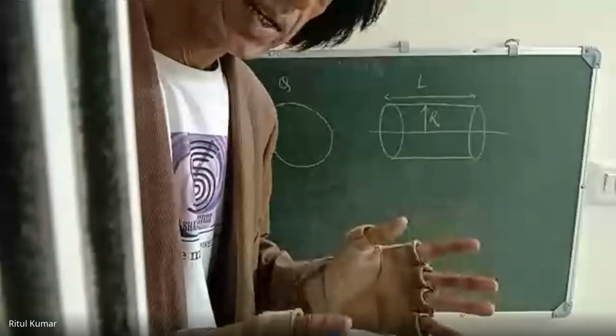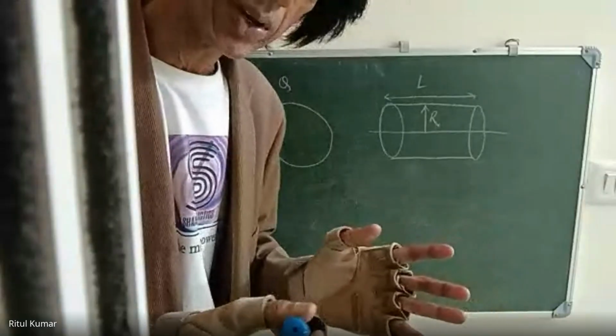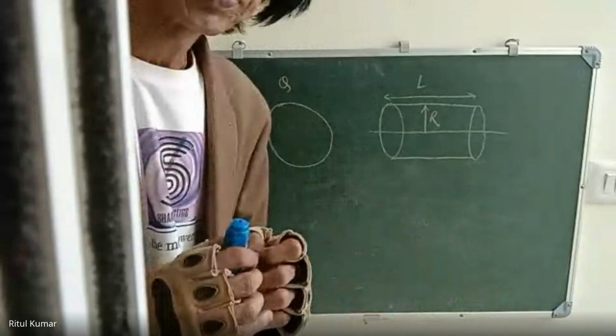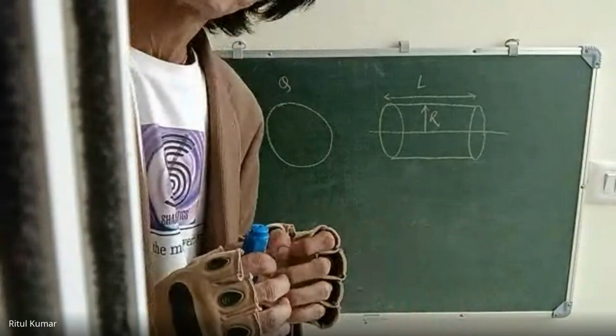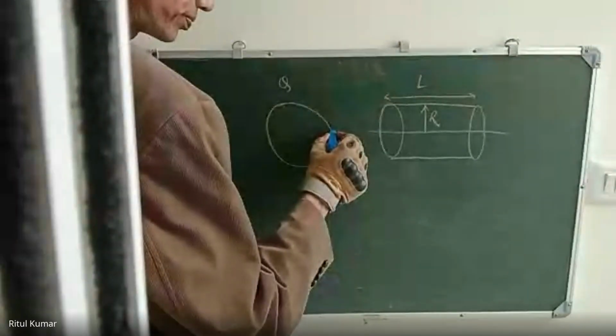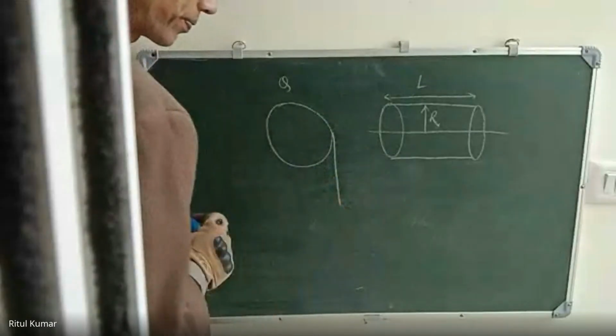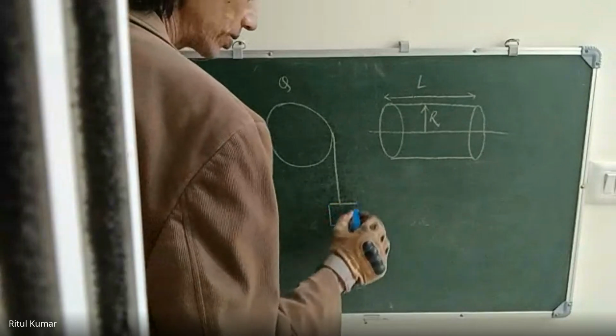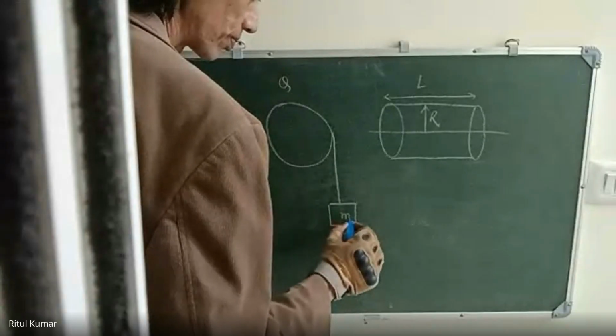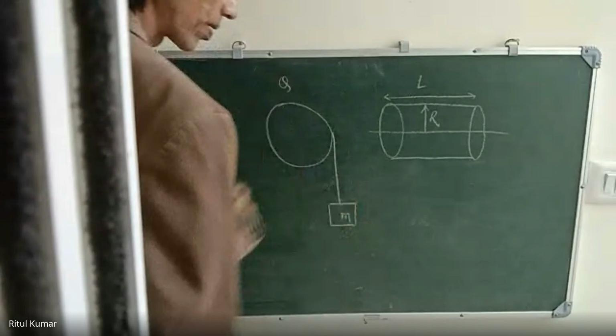I have taken a cylinder. What is the charge distributed on the cylinder? Q. Length of the cylinder is L, R is the radius. Then what I was trying to do is, to the string I am trying to attach a mass, and rotate.